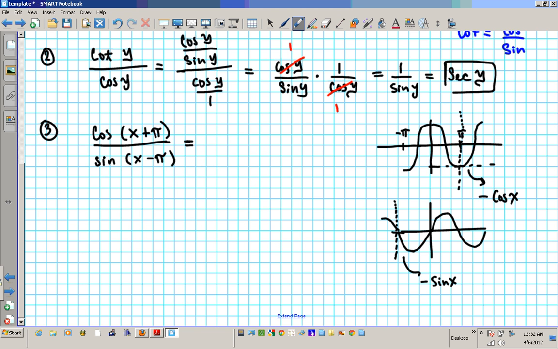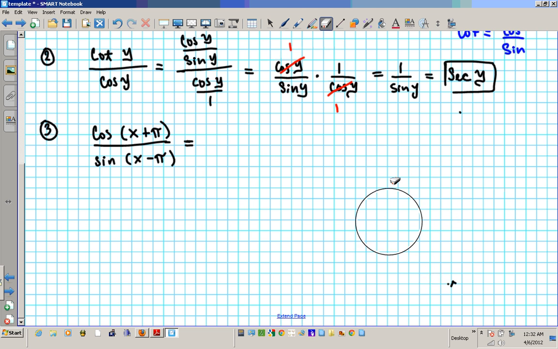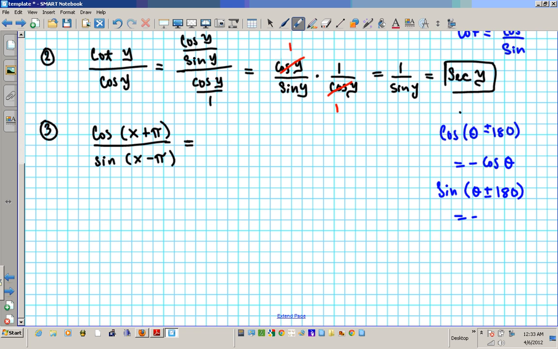That's basically what brings about the whole identity that cosine of theta plus or minus 180 is the same thing as negative cosine theta, and sine of theta plus or minus 180 is negative sine theta.